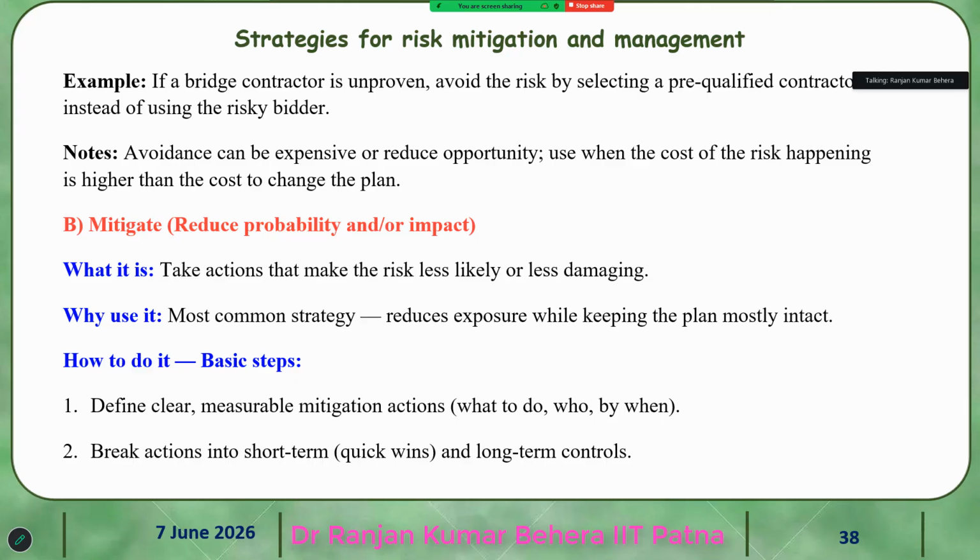What are the basic steps to mitigate? Define clear, measurable mitigation actions: what to do, who will do it, why, and by when. Break actions into short-term quick wins and long-term goals.